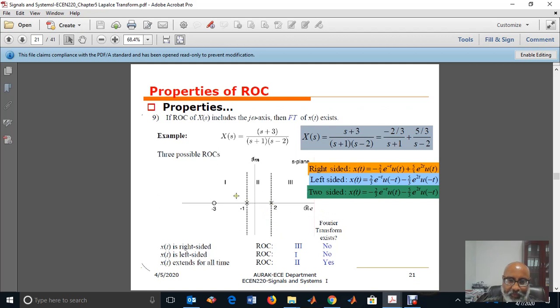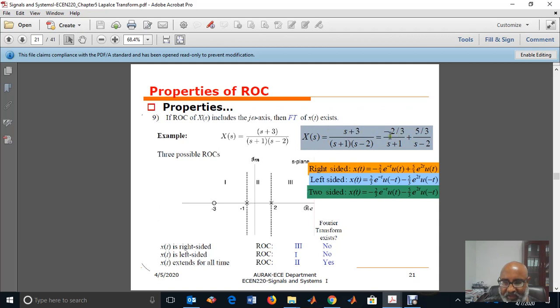So I have three possibilities. Based on this, I should say something about the type of signal corresponding to the inverse Laplace transform of X(s). Okay, before I do that, to find the inverse Laplace transform, I do partial fraction expansion.